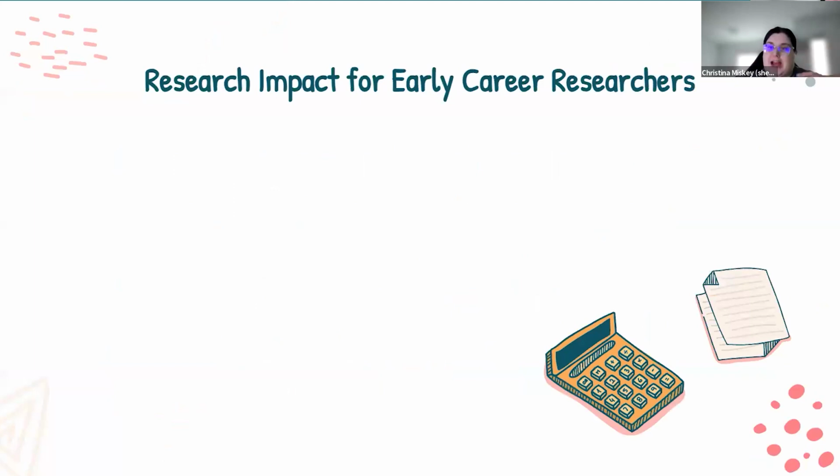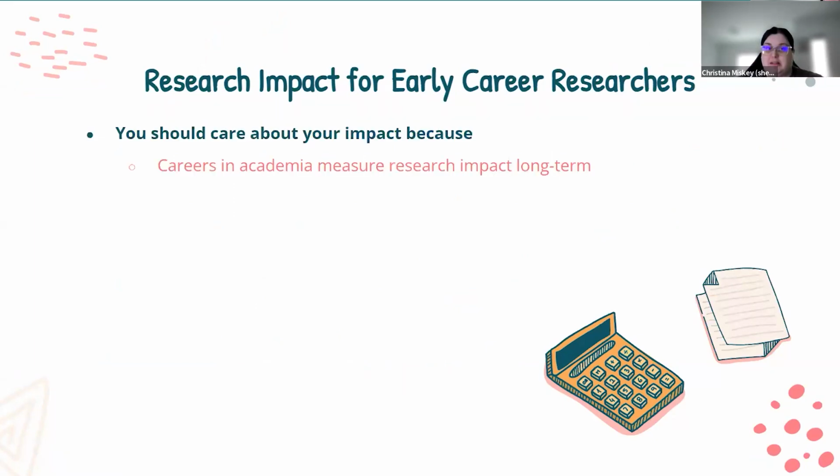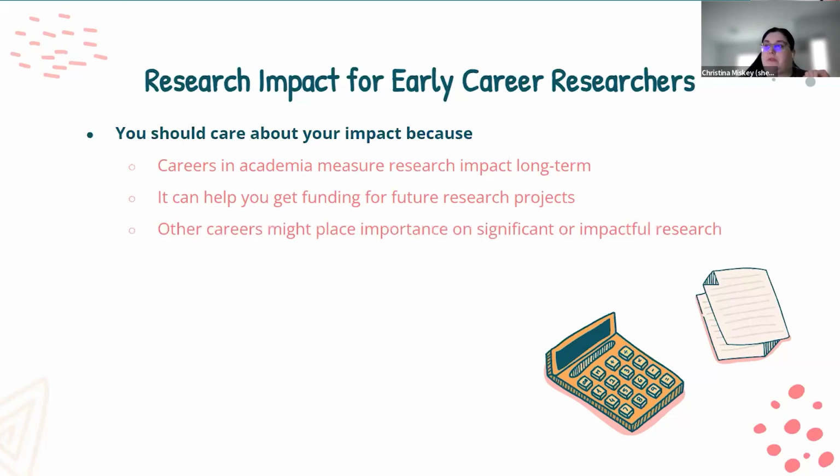To break it down, for early career researchers like yourself, you should care about your impact because careers in academia measure research impact long term as part of their hiring processes, tenure and promotion, and things like that. It can also help you get funding for future research projects if that's something you're interested in.